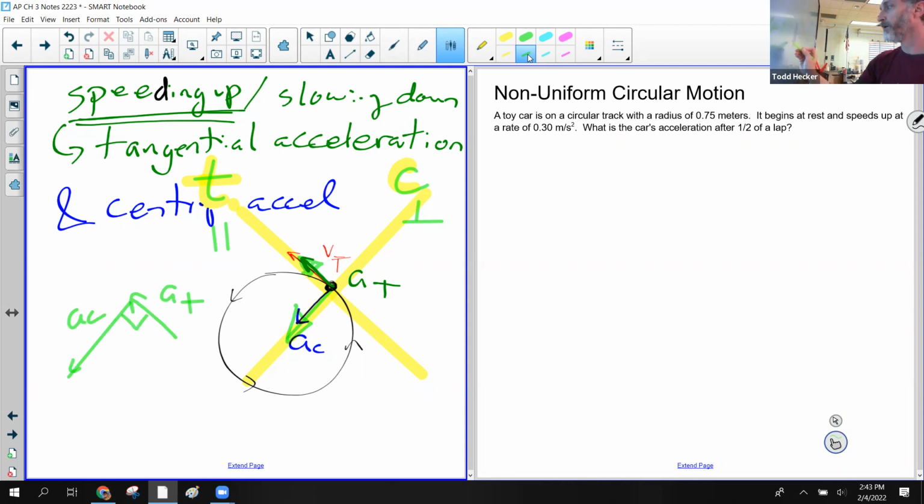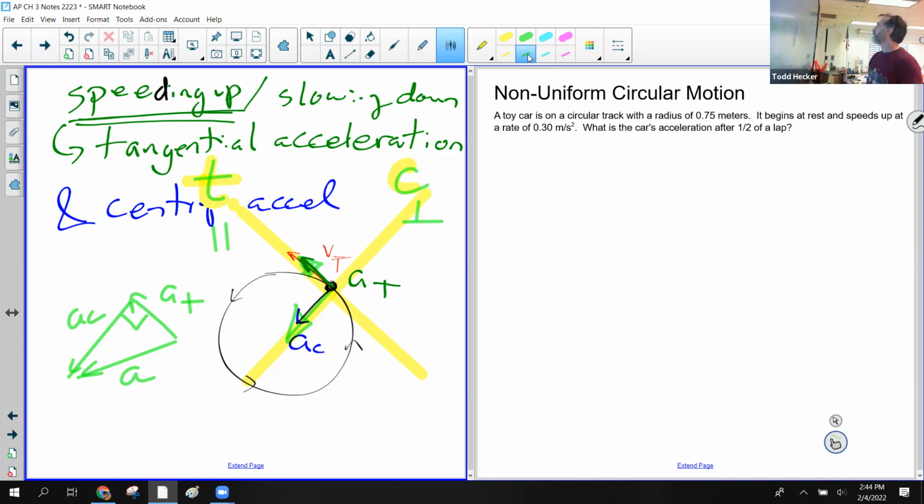Here's your right angle. So this would be your actual overall acceleration. Okay, so you would do Pythagorean theorem and you could describe the direction. All right. Now, this is kind of a convoluted example because the velocity is at a weird angle, right? The velocity is going this way, which means your acceleration is at a weird angle.